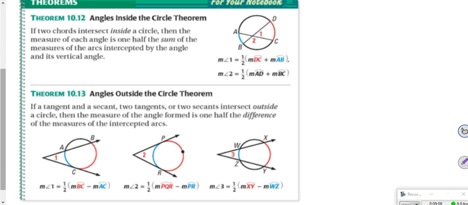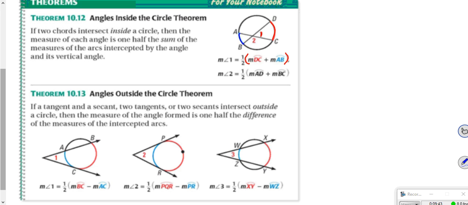Okay, so here's what this is telling us. Measure of angle 1, you can see this here in the color. Measure of angle 1 is 1/2. Now, I want to point out here that the 1/2 is outside the parentheses. 1/2 the measure of arc DC plus the measure of arc AB. 1/2 of that sum. Again, I want to point out the parentheses.